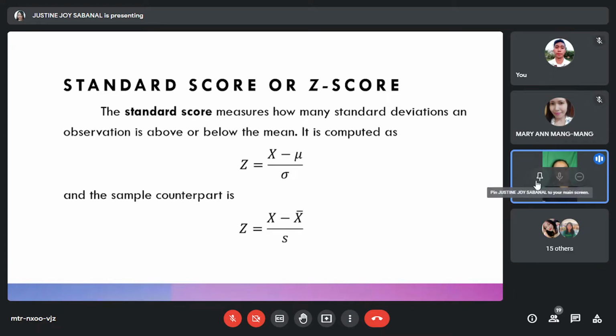Locate kung saan bang part or kung pang ilan yung mga base doon sa mga previous information, pang ilan yung score mo doon sa na-collect na data. So, yun yung atin pong basehan.